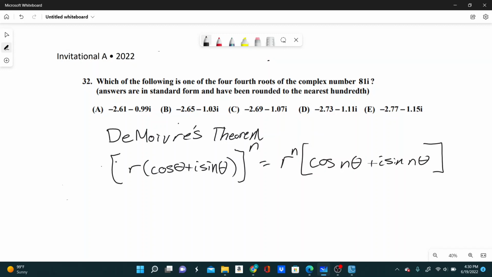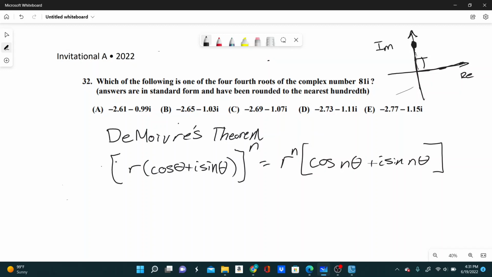by n. So if we have this complex number, 81i, well, if you think about it, on the complex plane, this is the real axis, this is the imaginary axis. 81i is going to be on the positive imaginary axis. If we measure the positive real axis as 0 degrees, then this would be at a 90-degree angle.